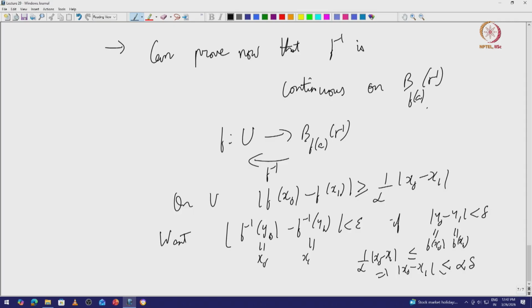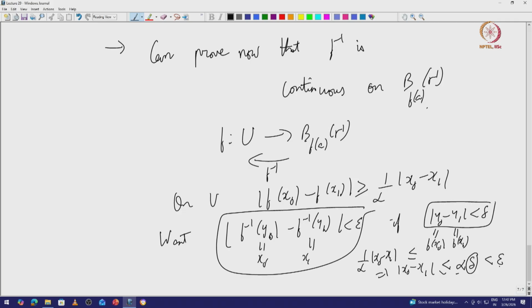So you can choose delta to be less than epsilon divided by alpha, right? And therefore ensure that indeed this happens whenever this happens. This is one way to prove that f inverse is continuous. There are other ways to prove it as well, but this is one way. Okay?